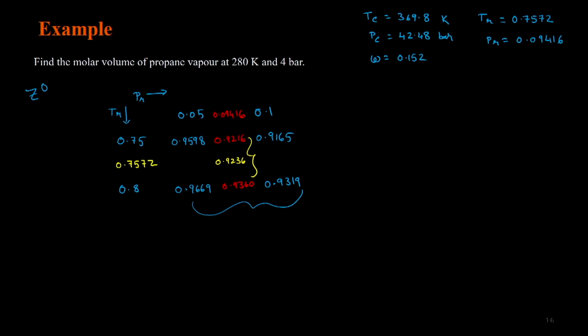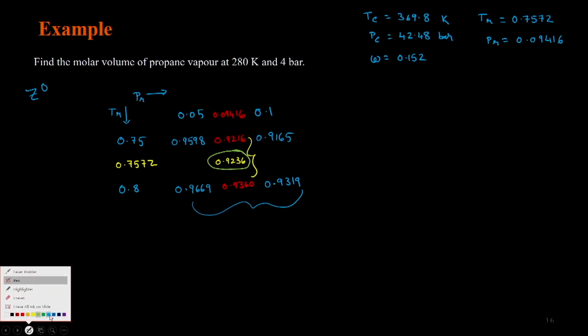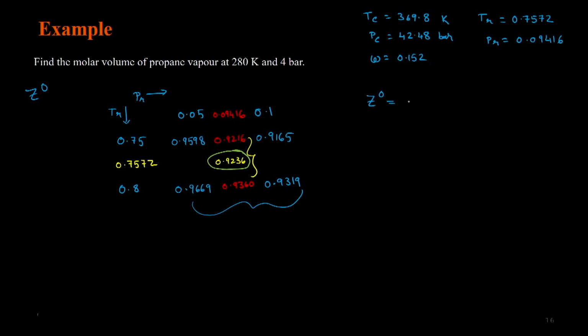So this is the number I'm after, 0.9236. So what we have done is a double linear interpolation to get this number, right? So that's how we do a double linear interpolation if I have a table, to get it at the condition I'm interested in, at TR and PR of these two values.